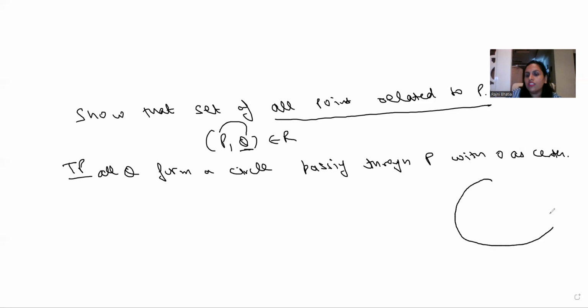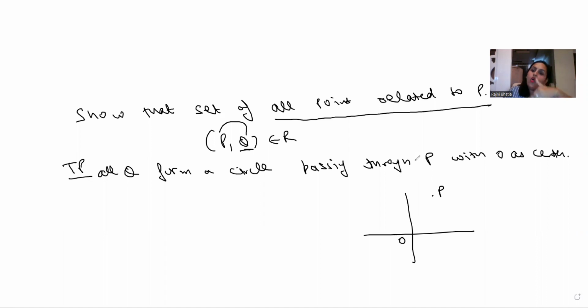Now just visualize the situation. This is our origin O. This is the point P. Now let us look at all the points which are related to P. Suppose there is a point Q which is related to P. That means OP will be equal to OQ. Suppose there is a point S which is related to P. That means OS will be equal to OP.